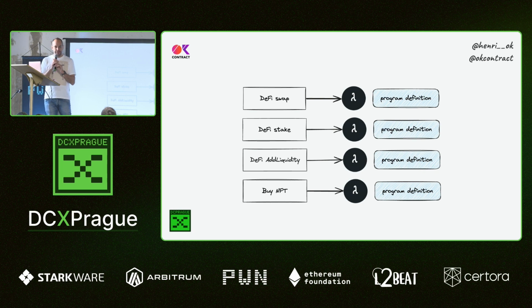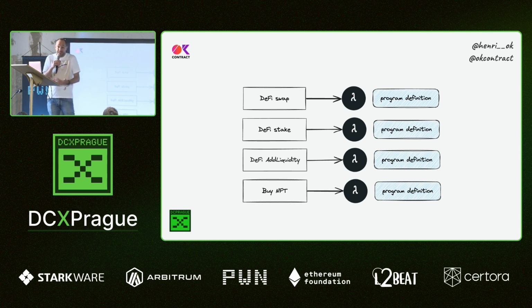But getting back to the decentralized nodes part. What we have right now is a way to properly define any kind of EVM interaction. So it could be a DeFi swap. We have a Lambda script program, an ID for that. Staking in some DeFi pools, adding liquidity or buying NFTs or accessing NFT utility or really anything, because it's a Turing complete, purely functional language.